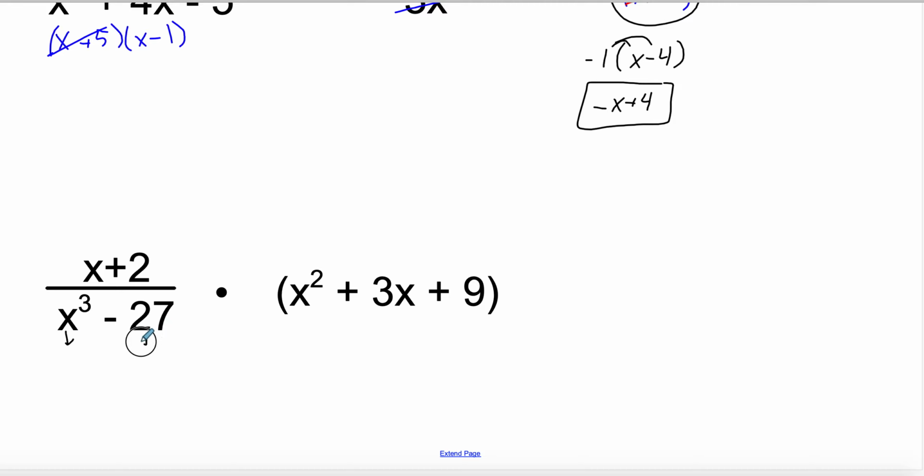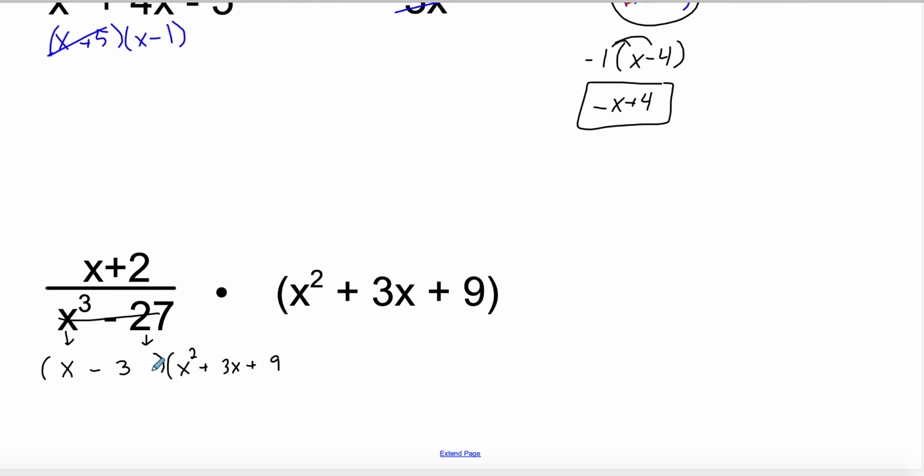Remember, this was what we called SOAP patterns. Okay, so this turns into an x, this turns into a 3 because those are cube roots. And then we have x squared, and then we have a 3x and a 9. So it's same, opposite, always positive. So the bottom factors to this.